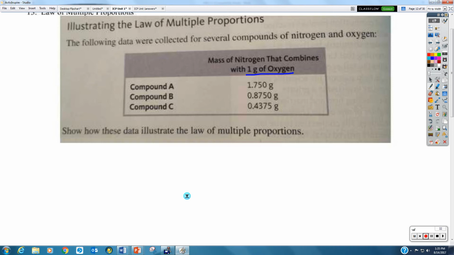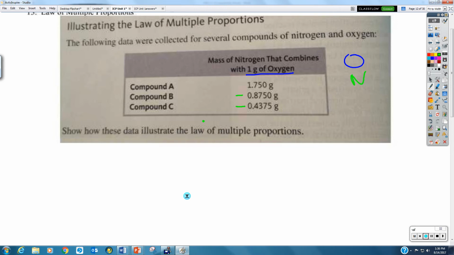So let's do this. Oxygen will be in blue, and nitrogen will write in green. Just kind of starting off here, what do you notice is the difference between this number and that number?